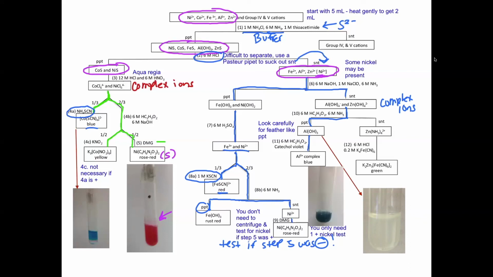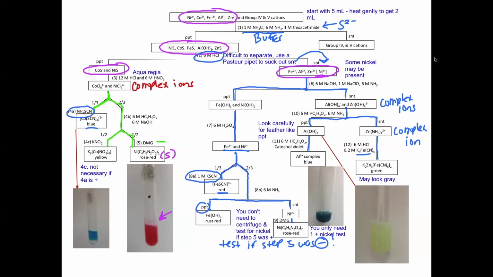We would add acetic acid and this substance called catechol violet and get a blue complex for a positive aluminum test. For zinc, we would have a complex ion from step 10 with ammonia as our ligands. Then we would make it acidic and add a complex ion salt to give us this complex ion solid, which may look gray, but usually it looks pretty green like we have in this figure here.